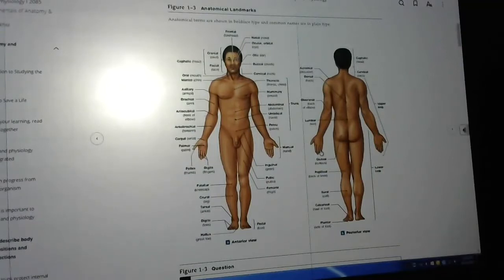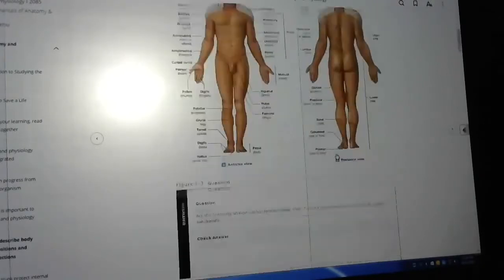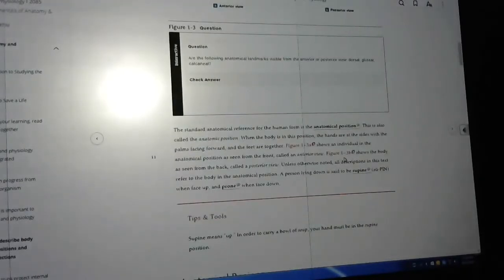If you're laying on the ground, how can I get soup into your mouth? You have to be face up, so you have to be supine. That's a way to help you remember it. And the other way, where you're face down, is what we call prone. So face up is supine, face down is prone.